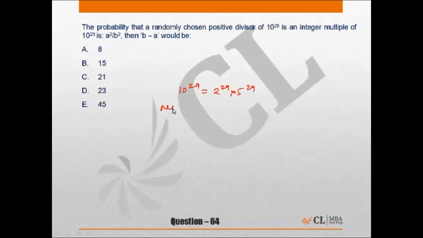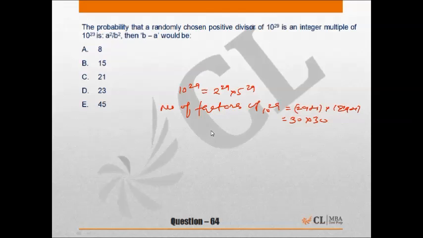So the number of factors of 10 raised to power 29 will be 29 plus 1 into 29 plus 1, which is equal to 30 into 30.